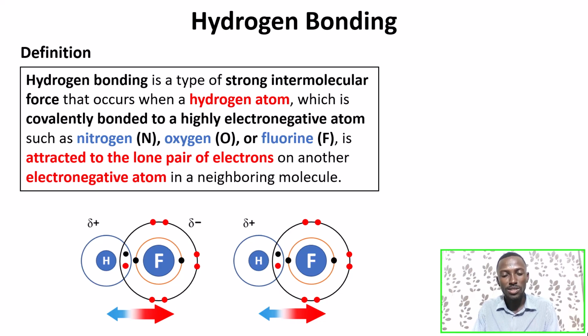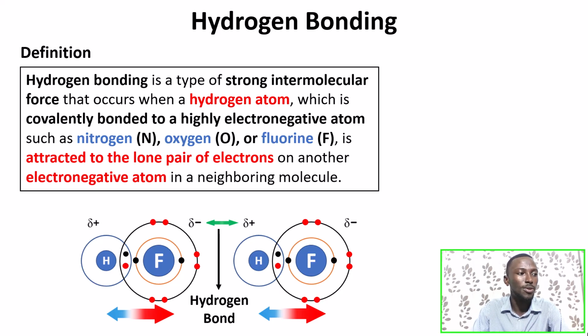So hydrogen becomes partially positive and fluorine becomes partially negative. But it doesn't end there. You see that the fluorine, which is partially negative, and hydrogen, which is partially positive, now have some kind of interaction between them, some strong force of attraction. This force of attraction is known as hydrogen bonding.